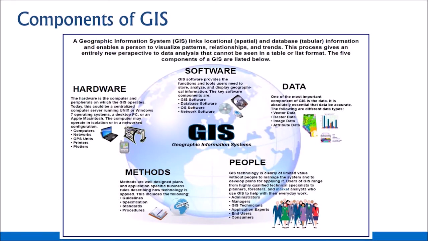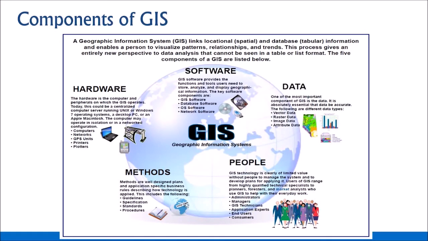Now you need to have 5 components in order for a GIS to work properly. These are your hardware, your software, your data, people, and methods. Remember that this is a system, and if one component fails, the whole system will fail.